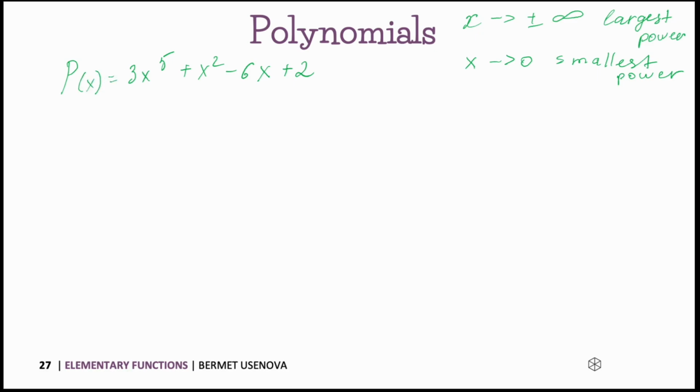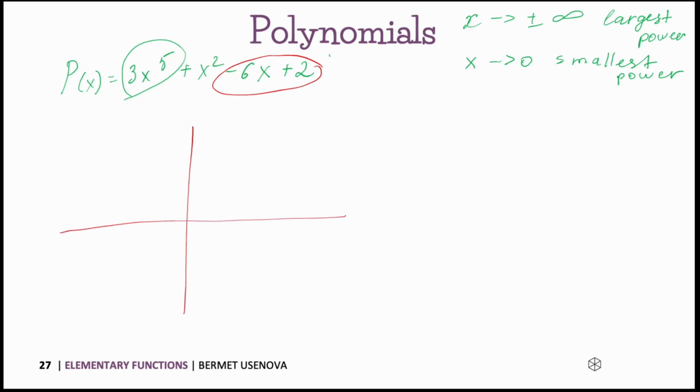To imagine its graph, we will first have to look at the largest and the smallest summand. The smallest graph will look like this as a line, and the largest one will look like this. And our polynomial is somehow the sum of both. Roughly, if we want to make a picture of how it looks, if x tends to 0, it will tend to look like the smallest power. The smallest power here is just a straight line.